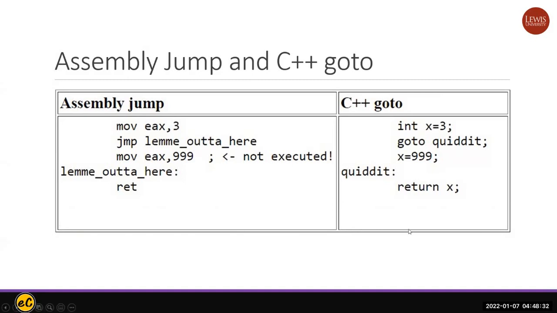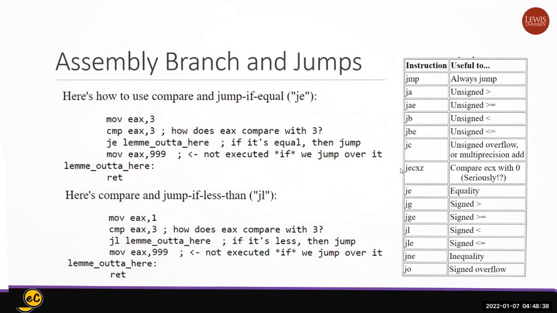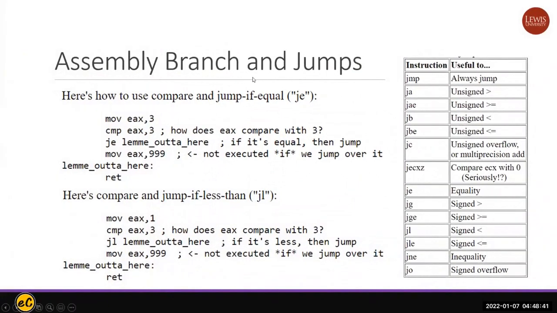Okay, so this is the assembly unconditional jump, and also the go-to function on the right side. And for jump, you have unconditional jump, jump greater than, jump above equal, jump below, jump below equal, jump on sign overflow, jump equals, whatever the condition, ECX register with 0, and jump equals, so when a register is equal, jump greater than, jump greater equal, jump less than, jump less equal, jump not equal, jump overflow.